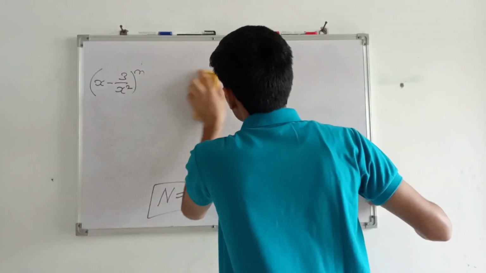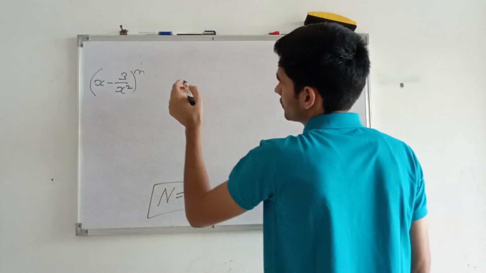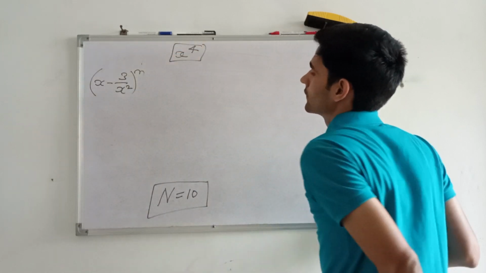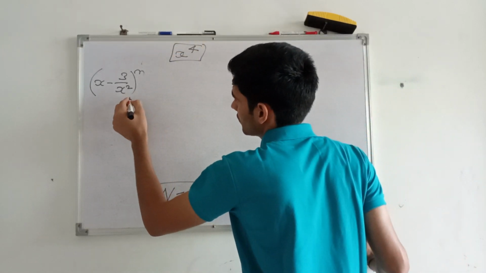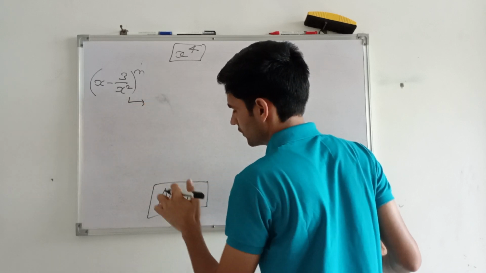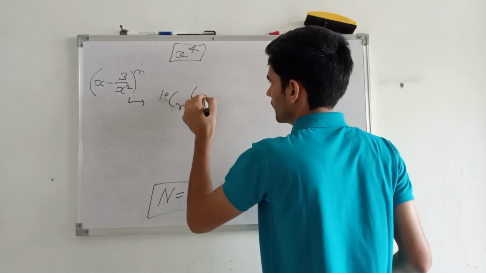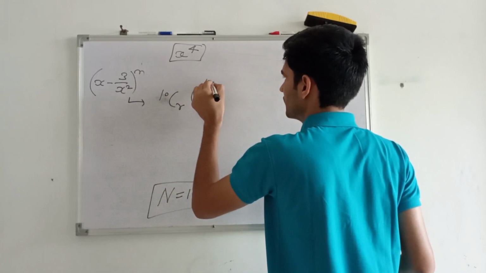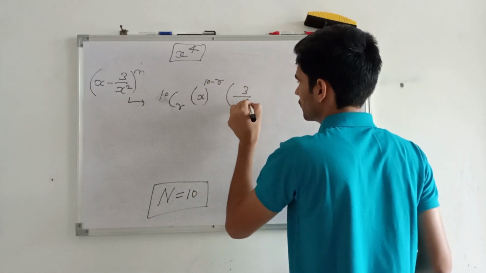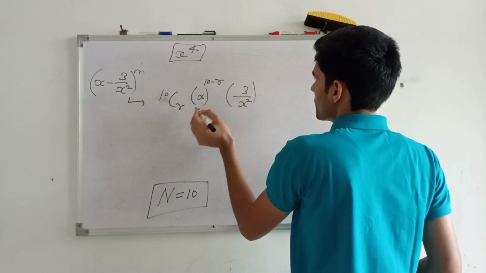Now what will we do? It was asked what is the coefficient of x to the power 4, right? So what will be the general term for this? n we already have, n is 10, so we will get 10 Cr x to the power 10 minus r and minus 3 upon x square to the power r.